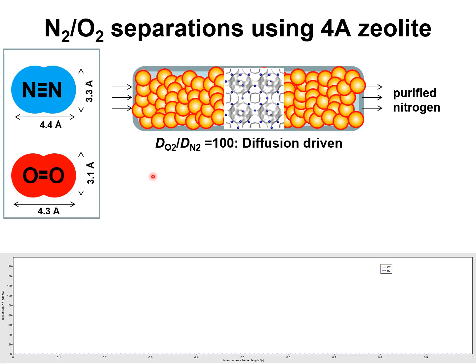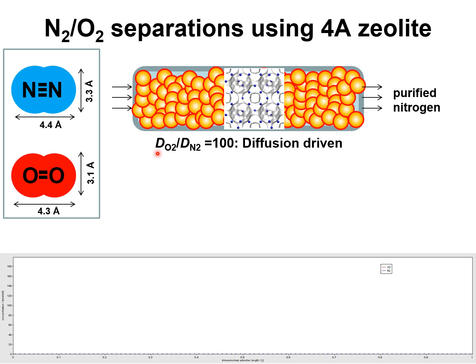The net consequence is that the diffusivity of oxygen with respect to nitrogen is a factor 100, significantly higher than for 5A zeolite.